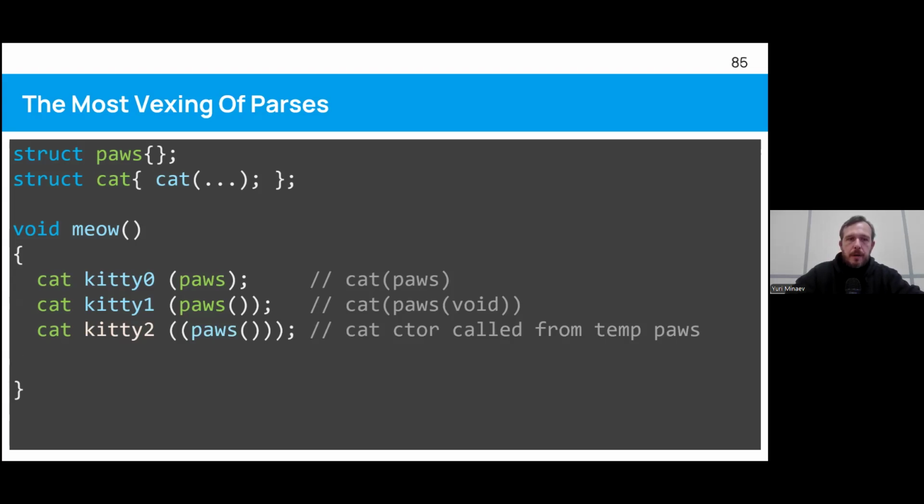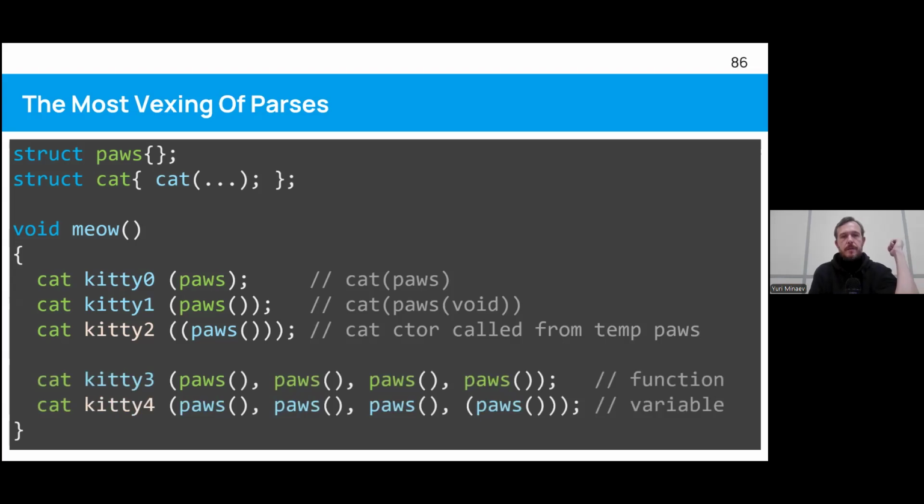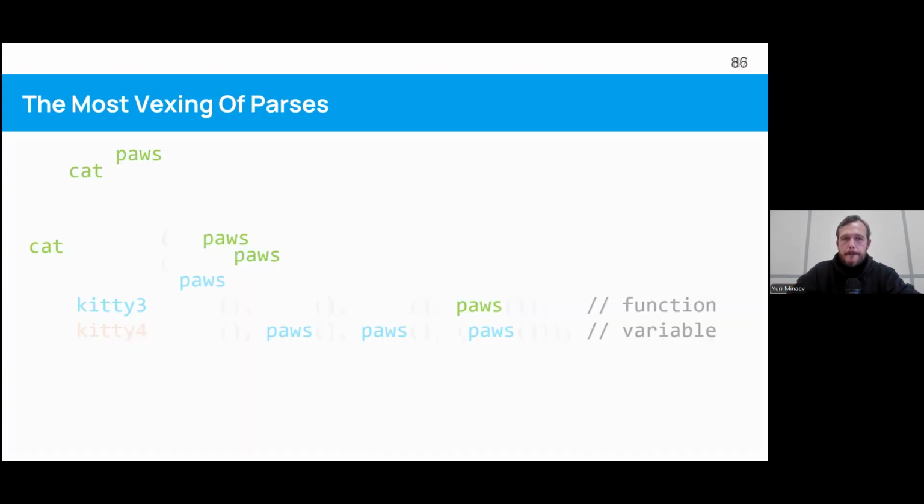And it gets even funnier and funnier, because these two are suffering from the same thing. The first one is a function declaration with 4 parameters which are also functions. And the second one is a variable declaration which is initialized by objects created by calling their respective constructors. And what makes them different? What makes them different, we'll see in a moment.